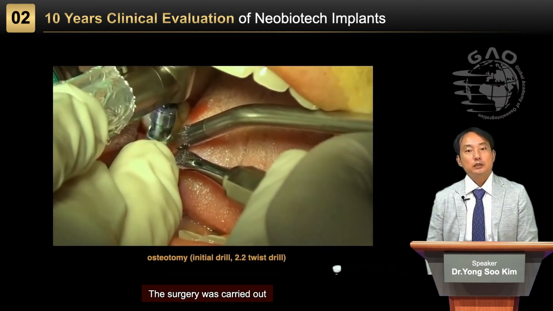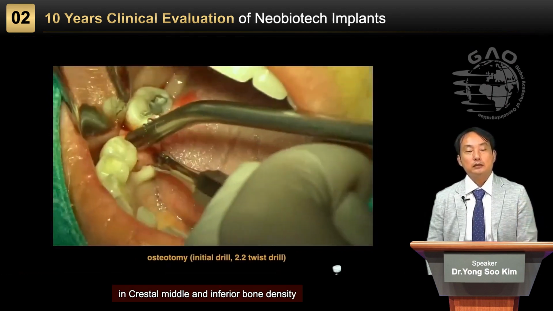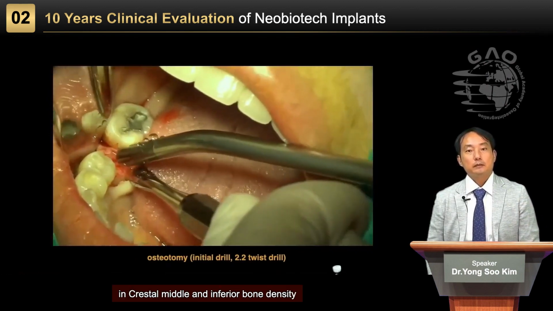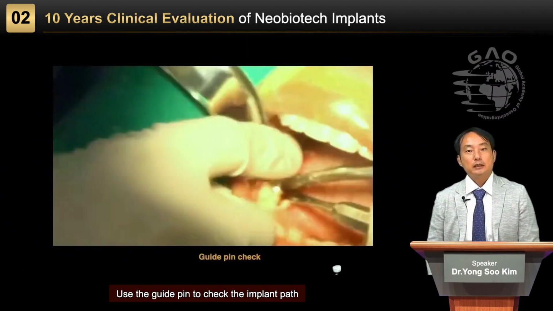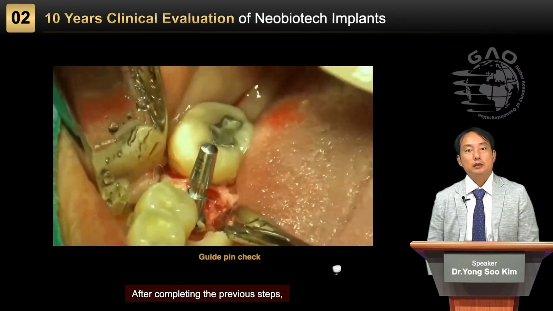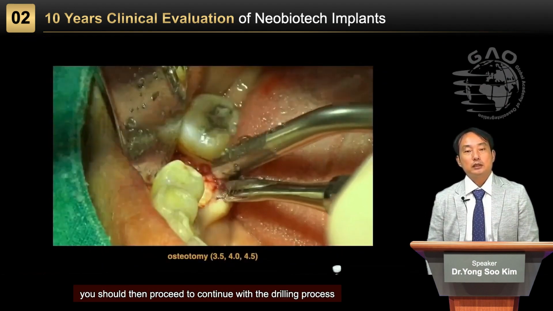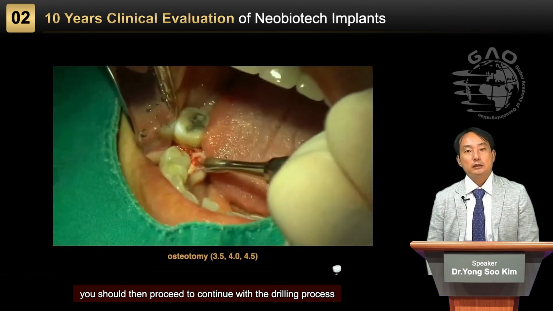The surgery was carried out while checking the differences in crestal, middle, and inferior bone density. Use the guide pin to check the implant path. After completing the previous steps, you should then proceed to continue with the drilling process.